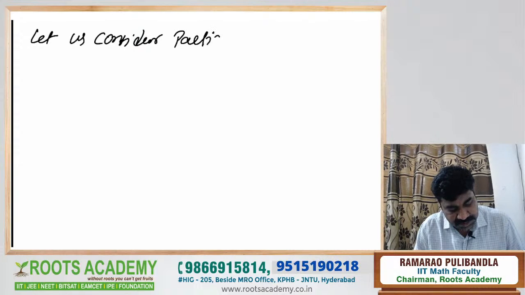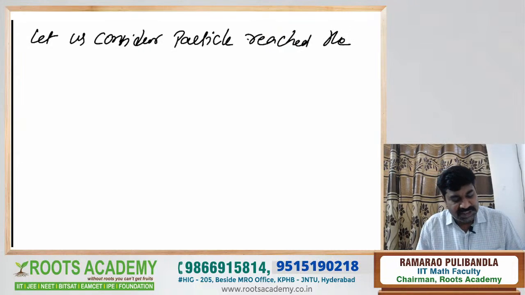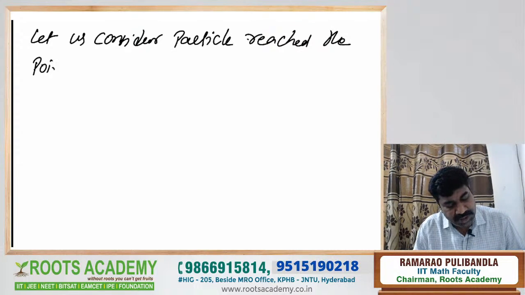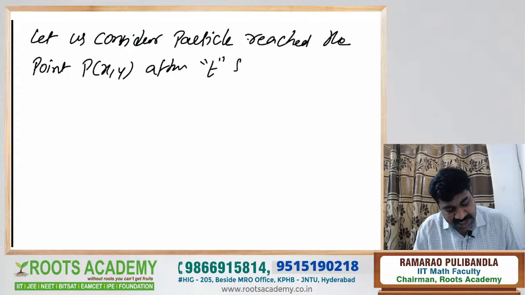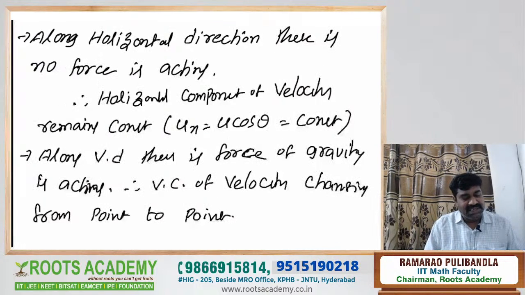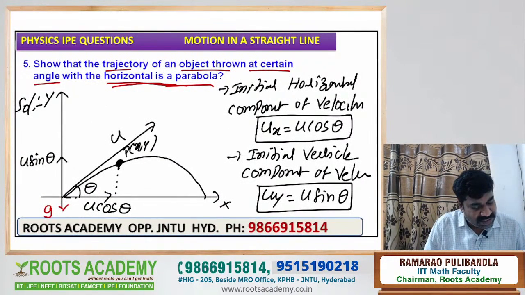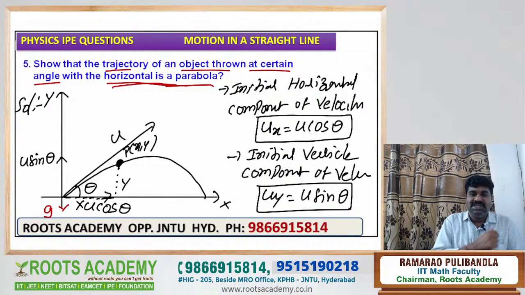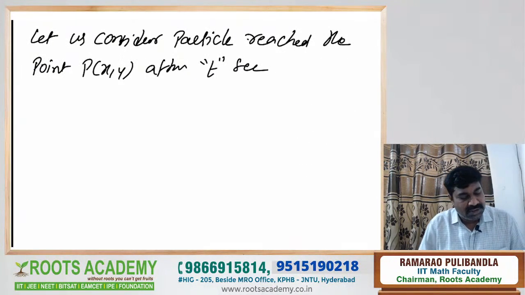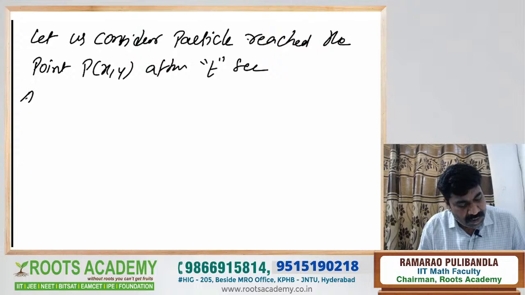What is the horizontal distance traveled? x. What is the vertical distance traveled? That is y. We want to find the x and y values. So first of all, we go along the horizontal.